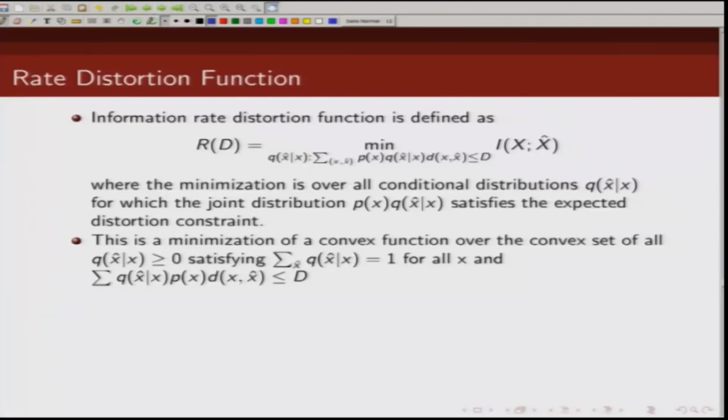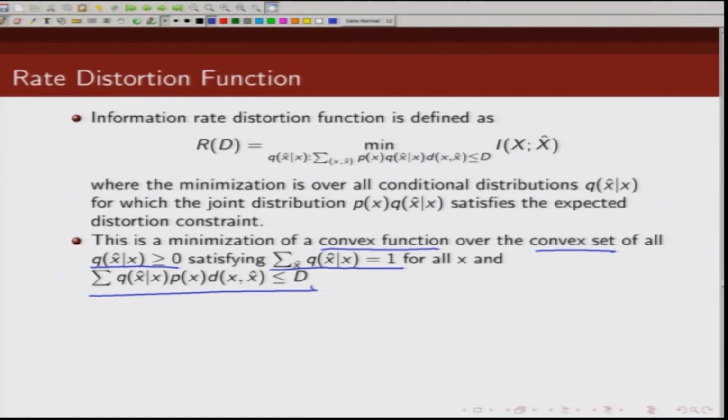Now this is a minimization of a convex function over a convex set, for all q of x hat given x greater than or equal to 0, satisfying the constraint that the sum of q of x hat given x over all x hat should be 1, and this average distortion constraint should be satisfied.